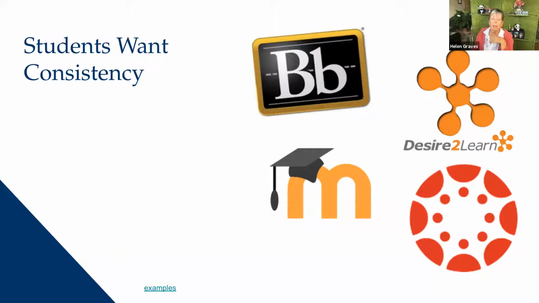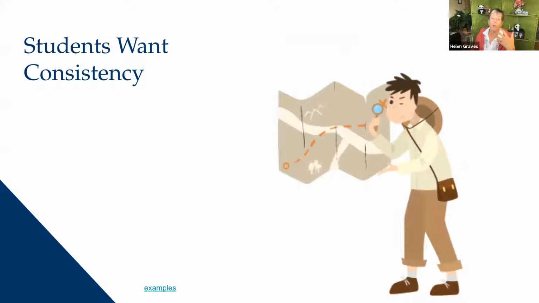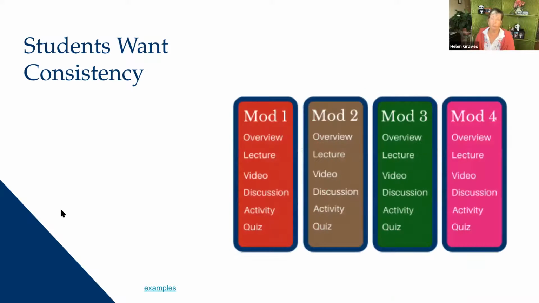The value of consistency is that it can reduce cognitive load. Students are less likely to be confused or have to go on a hunting expedition in order to find the content or the tasks that they need in order to complete the course. So if your modules, your content pages, your assignments each have a consistent structure or layout to them, students know what to expect.